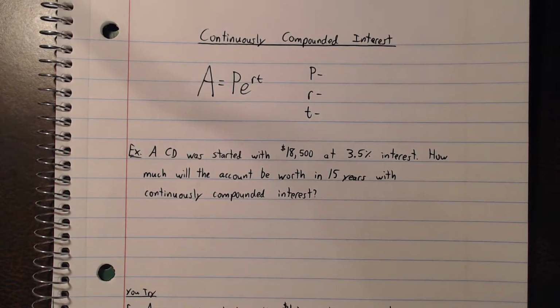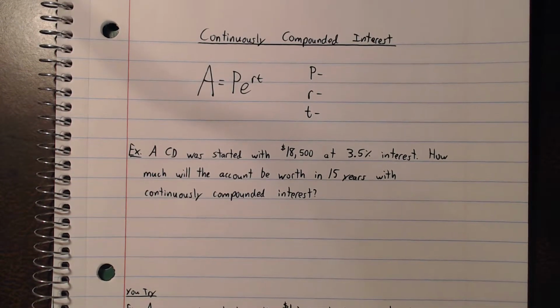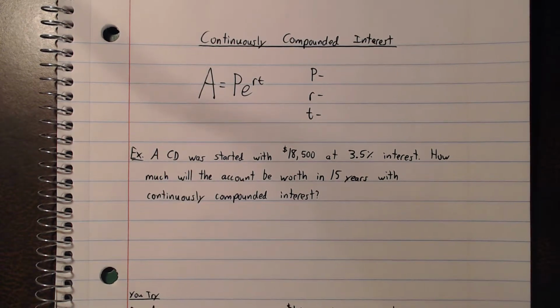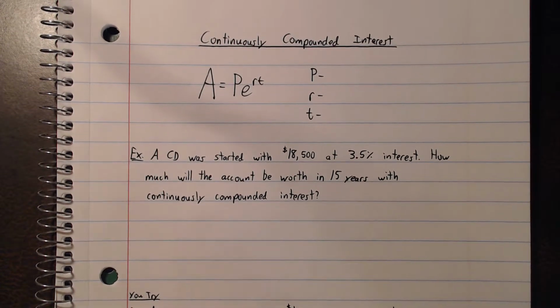This one is when the banks are always continuously adding money in, even on the weekends, even on snow days, whenever. They're just continuously adding money into the account based off of your interest rate. You want those ones. Those ones are really good. Not that the other ones aren't good, but continuously compounded interest is going to give you a lot more money a lot quicker.